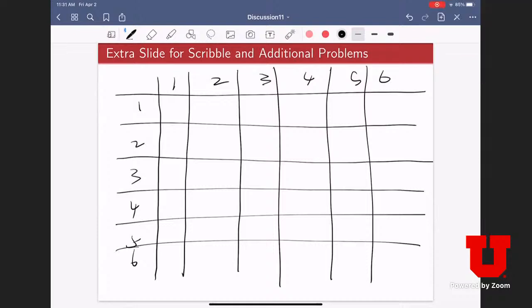So is it just 6 choose 2 would be the formula? You're talking about the total outcomes for the 2 identical dice?